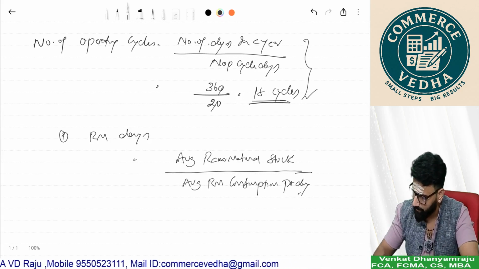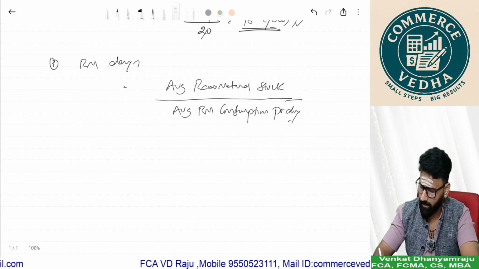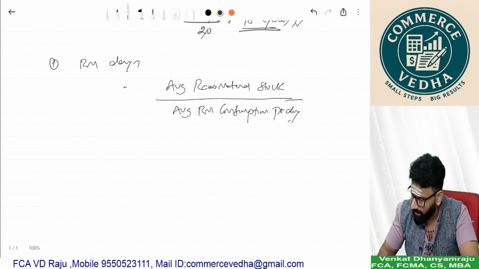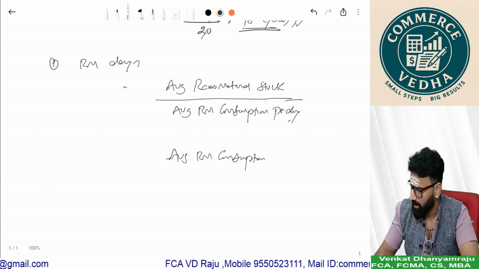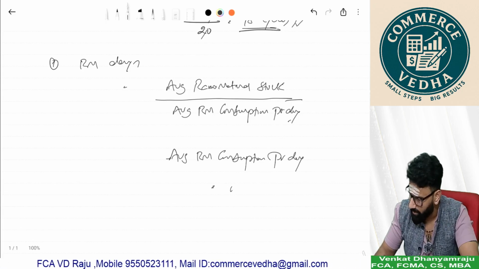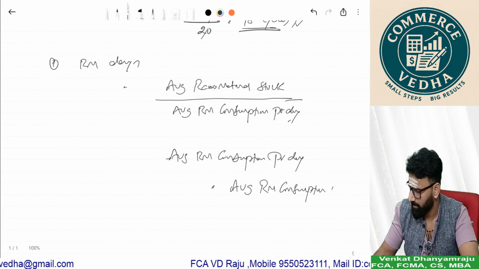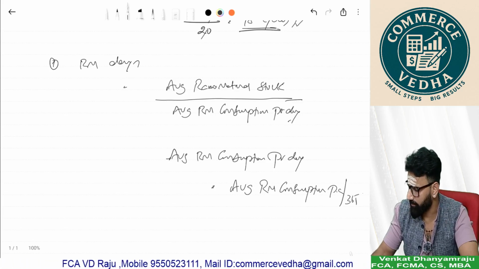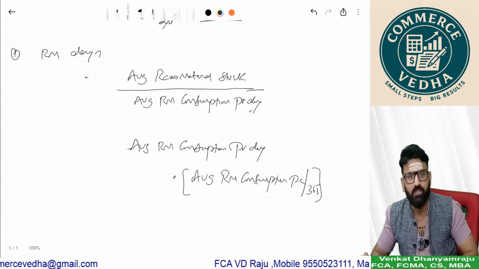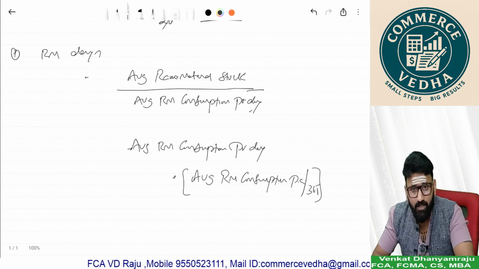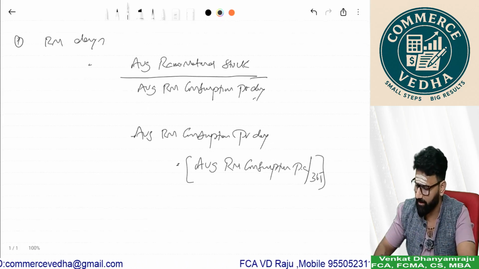So average raw material consumption per day equals average raw material consumption per annum divided by 365. If the question says to assume the year as 360, you should take 360 days, otherwise generally 365. So average raw material stock divided by average raw material consumption per day gives you raw material days.